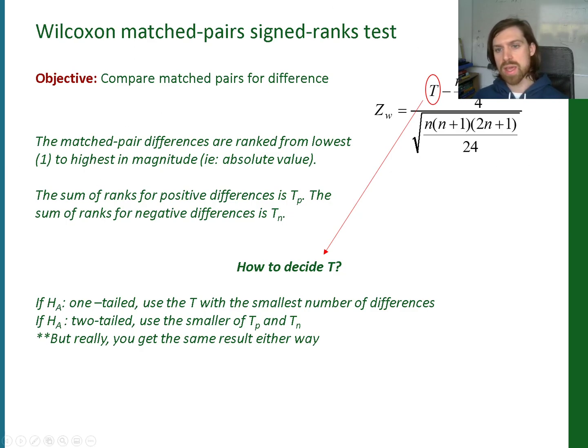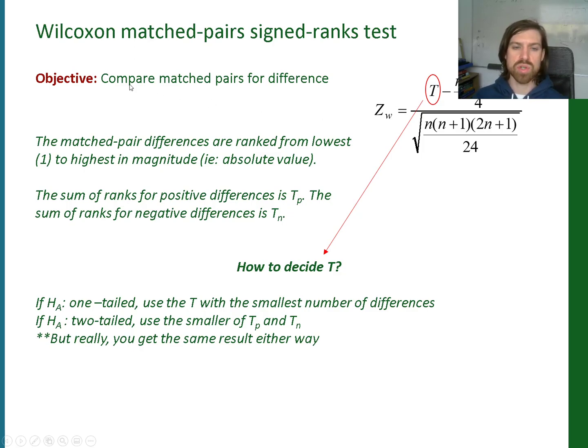So over here I've got the equation that we need to use. It looks really scary, I know, but it's actually very simple once we input the sample size and we determine which T value we need to use, and then that produces basically this Z_W test statistic.